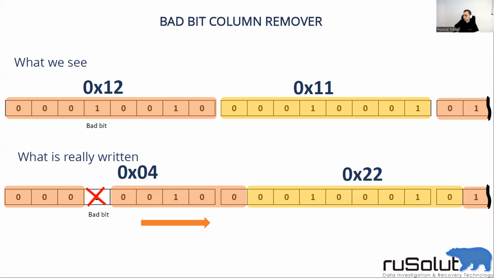And if we exclude this bad bit, it's a different story altogether, because we are reading the byte in hex as a 4, because the values are different in this byte. And that caused a problem when we were working with chips that were operated by FC controllers.